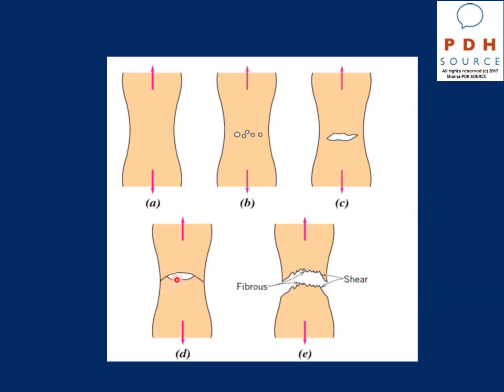The crack will continue to grow in a direction parallel to its major axis, and then finally fracture develops by the rapid propagation of the crack around the outer perimeter of the neck by shear deformations.